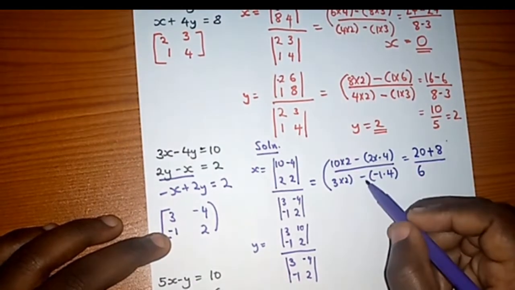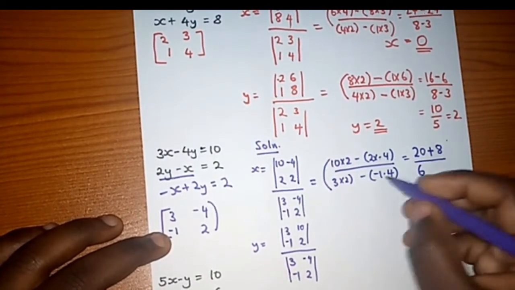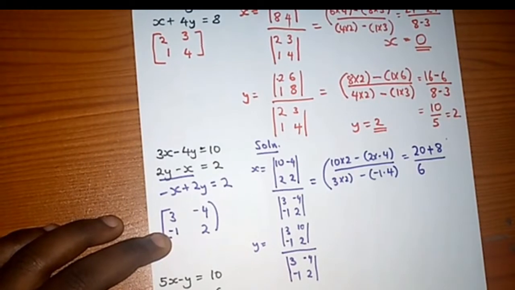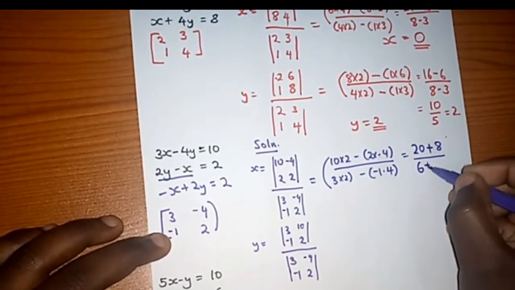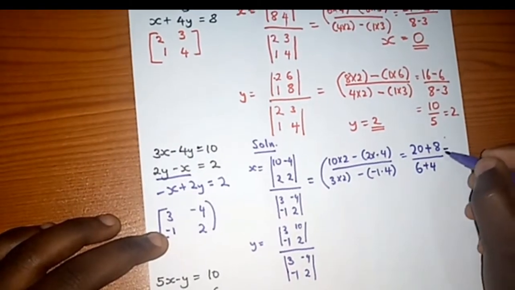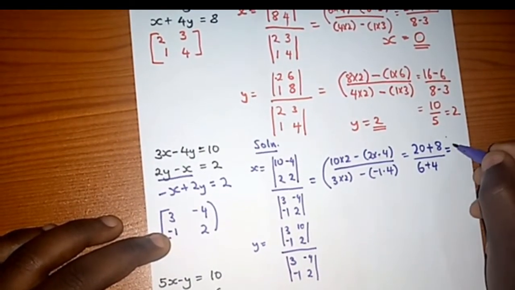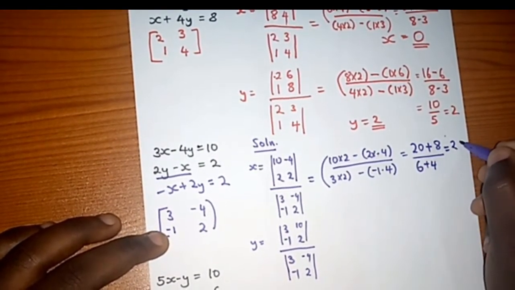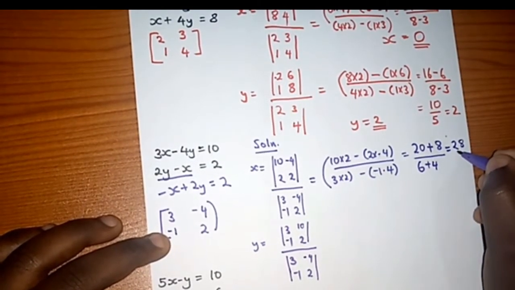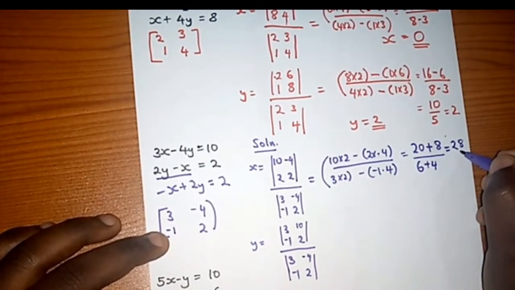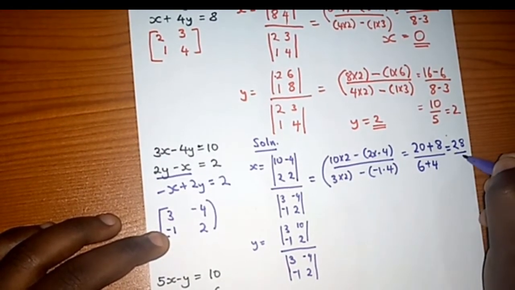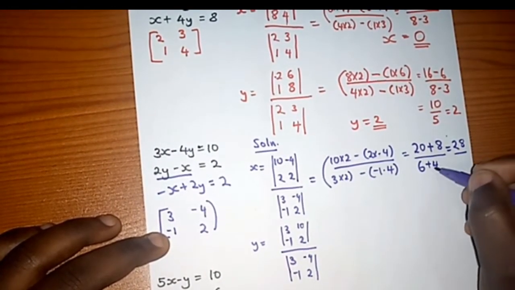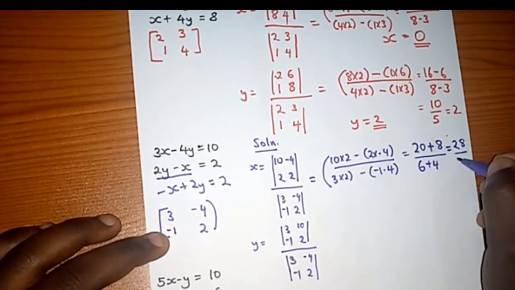Then 1 times 4, I get 4, but there's a negative here, so negative and negative, I get a positive, so plus 4. So this is the same as 28 out of 6 plus 4, I get 10.